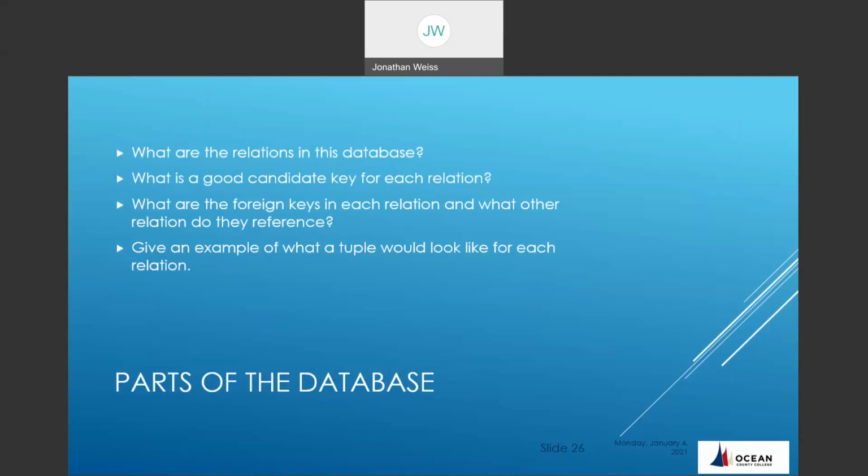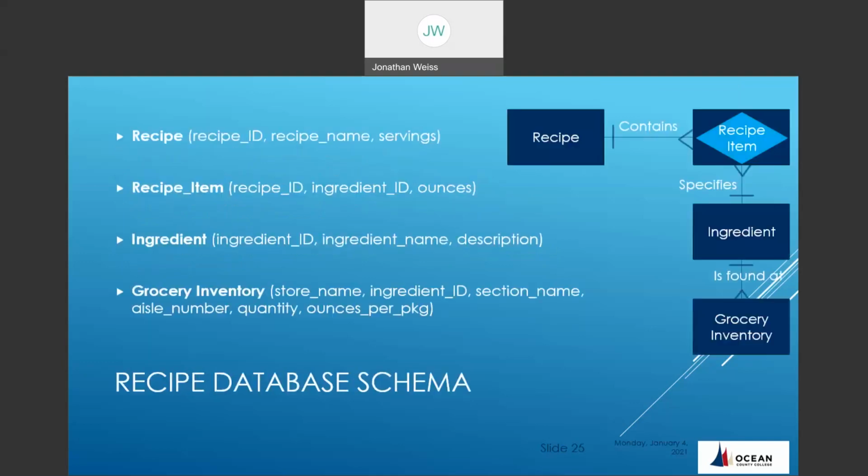All right. Next question. What are the foreign keys in each relation, and what table or what other relation do they reference? So foreign keys essentially are the way of implementing lines, telling which records correspond to which record.